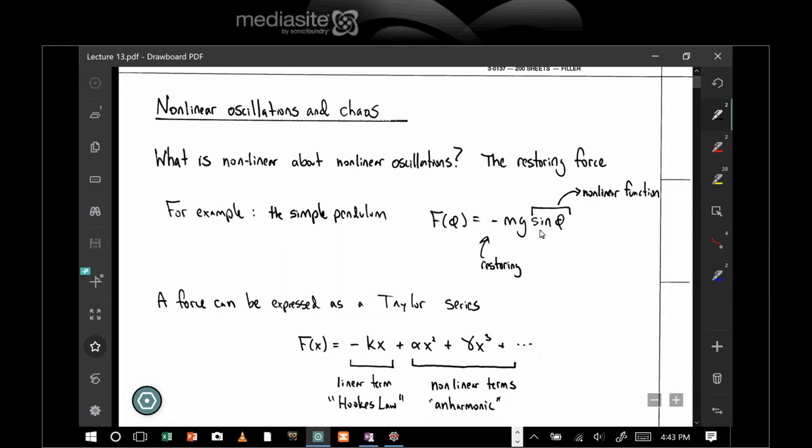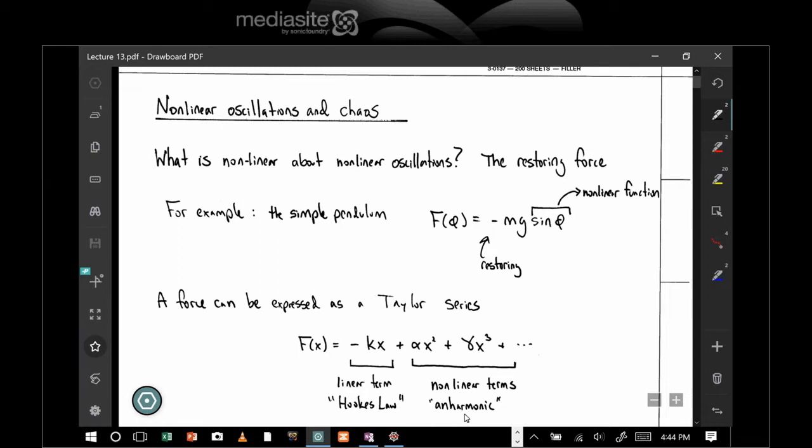Now, in general, if I have any type of restoring force, I, in principle, can expand this in a Taylor series. Here's an example of a Taylor series where the equilibrium position is equal to zero. There will be a first order term, a minus, and that is a linear term or a linear restoring force. That's Hooke's law, and this gives rise to simple harmonic motion. But if the stretch becomes large and these coefficients are of a specific size, then we may need to include these nonlinear terms, x squared and x cubed, in our force.